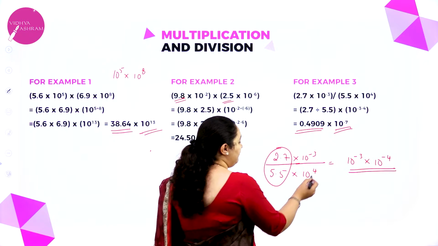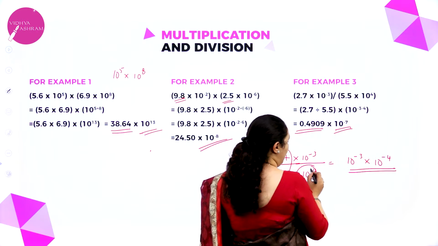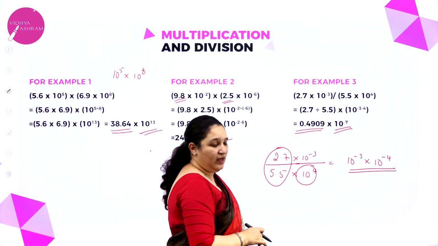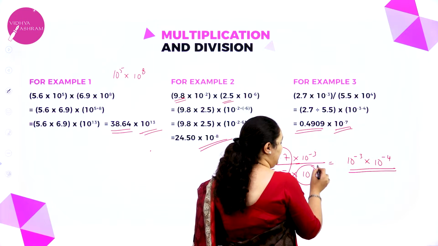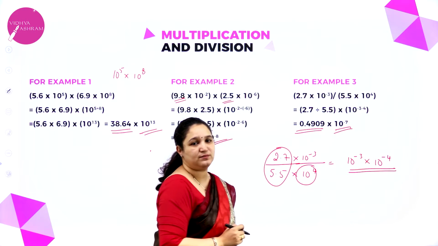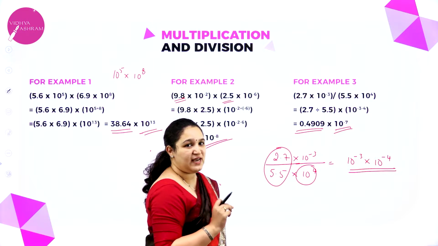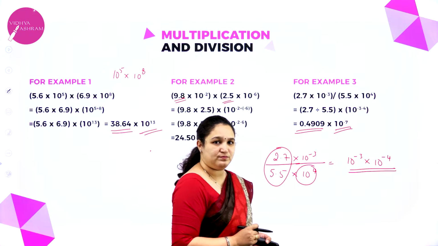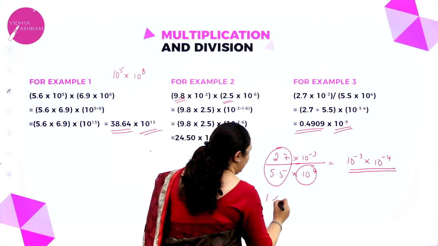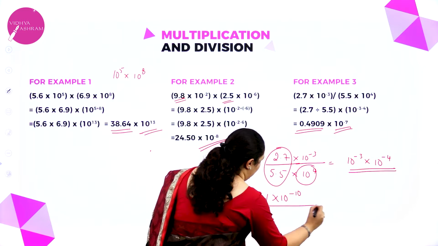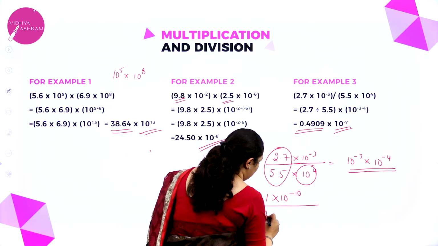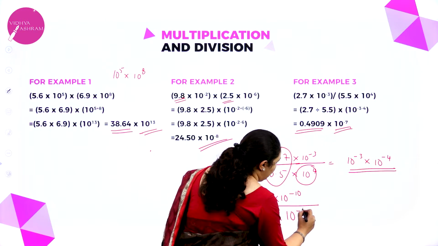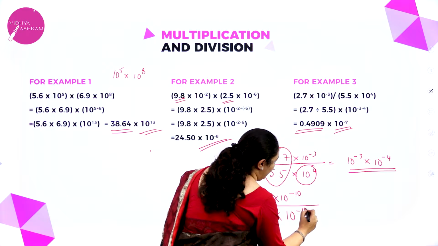Okay. So what we are doing? We are taking this and moving above. When we move from the denominator to the numerator, it becomes multiplication, but the sign will change to minus. You have to change the sign. From positive, it has become negative. For example, if it was negative, it will become positive. Okay. For example, you have 1 × 10^-10 divided by 2 × 10^-15.